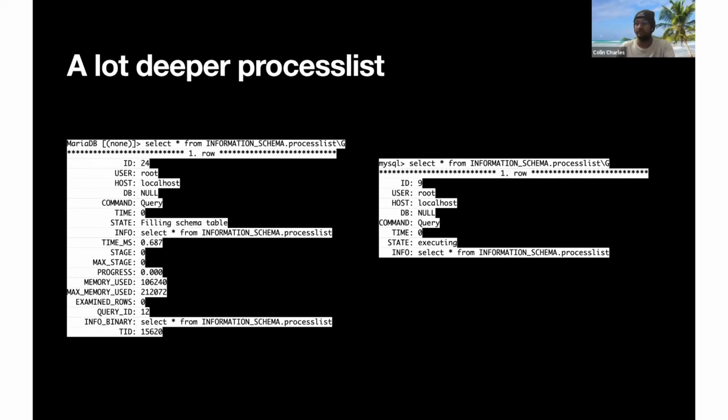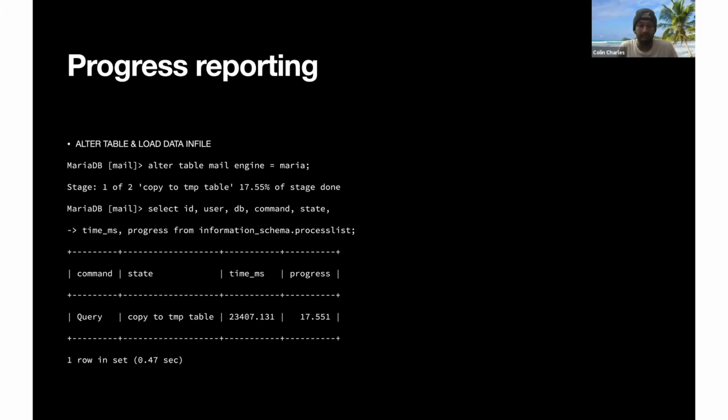So what is progress reporting? Basically, it allows you to do queries like, I'd like to know if it's going to take me a couple minutes, or maybe even a couple hours to do an ALTER TABLE or a LOAD DATA INFILE. Say maybe you're trying to load a 100 gigabyte table. Well, okay, let's not go 100.